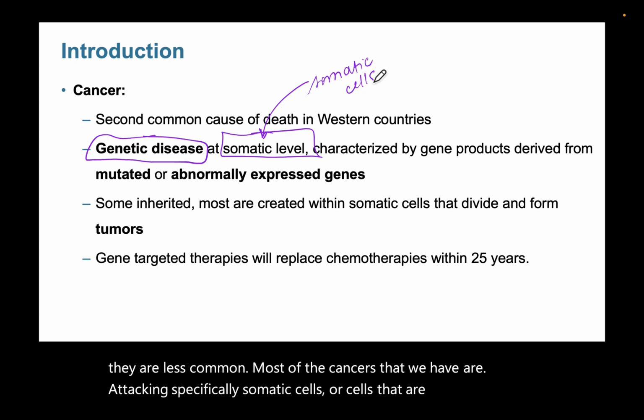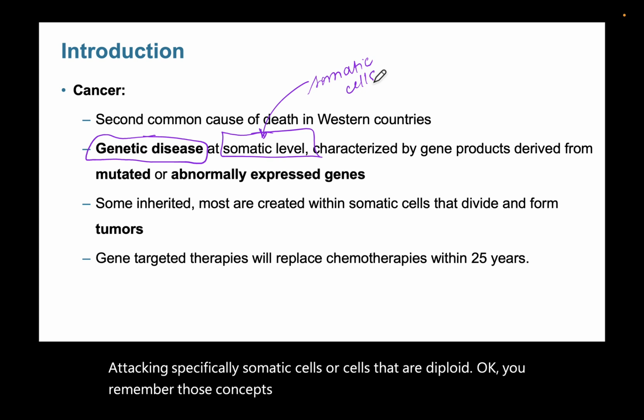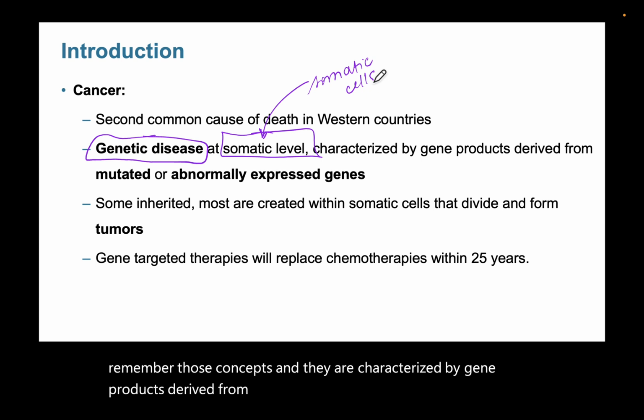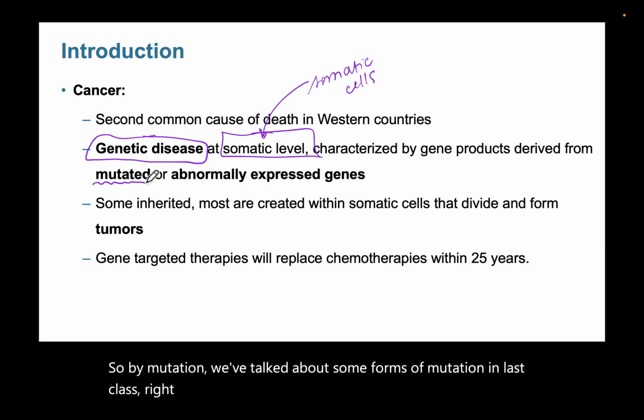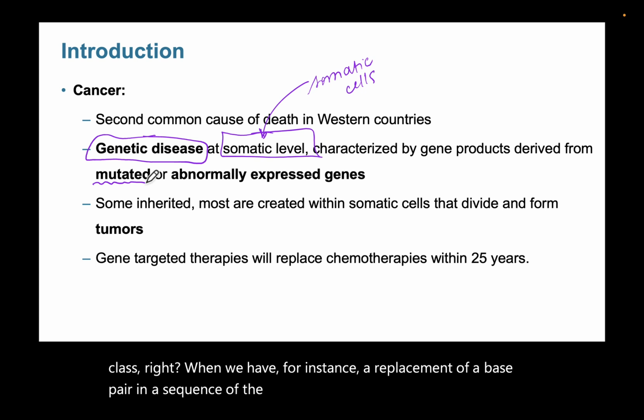You remember those concepts. Cancers are characterized by gene products derived from mutated or abnormally expressed genes. We talked about some forms of mutation in the last class, right? When we have, for instance, a replacement of a base pair in the sequence of a gene, the final product of that gene can be mutated or changed.